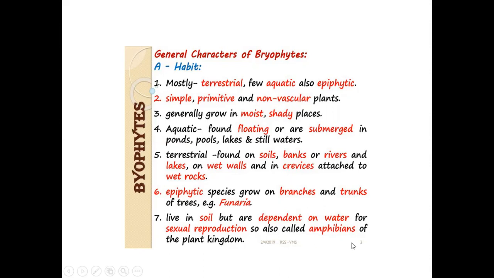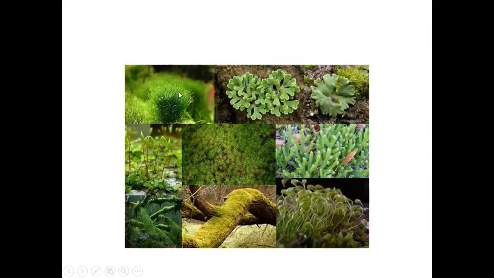Next, we also call them the amphibians of the plant kingdom because they require water at the time of reproduction. So these are all the plant examples. This is Marchantia. This is a Funaria moss plant.